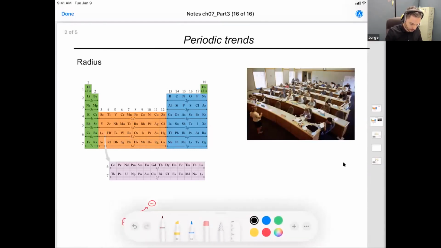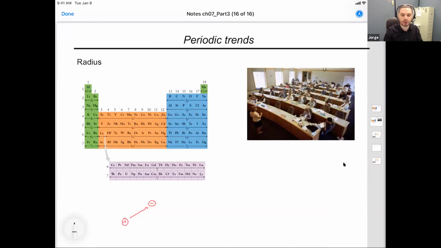Therefore, the first conclusion that we get from here is that an increase in the number of shells will result in an increase of the radius.